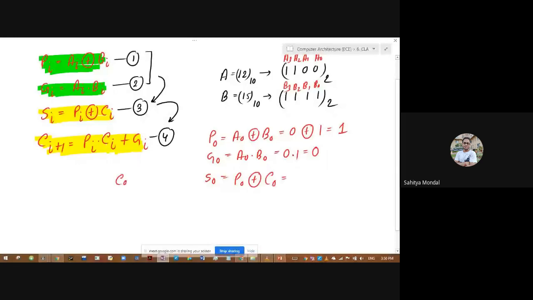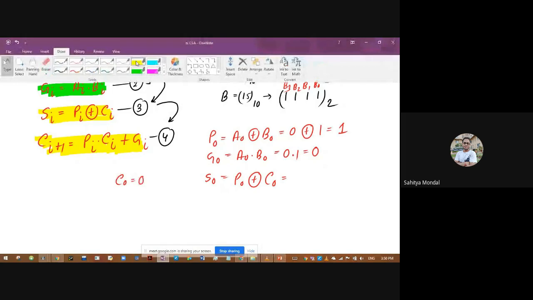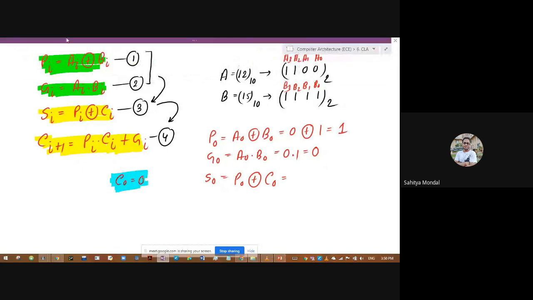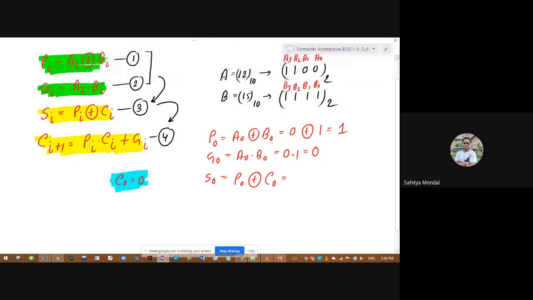Now C0 is always 0 because this is the first carry of the first full adder, and Cin is always 0 for the first one. P0 is already calculated, that is 1. So 1 XOR 0. What will be the result? 1. So S0 has been calculated.